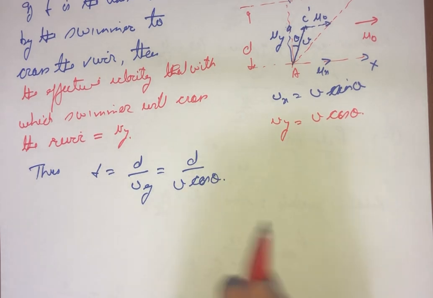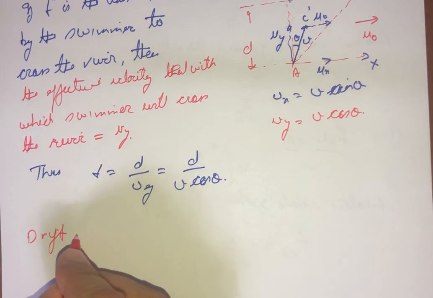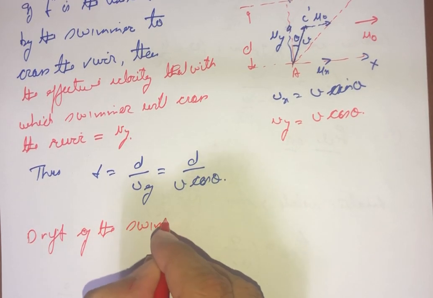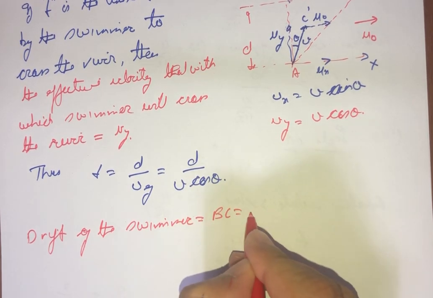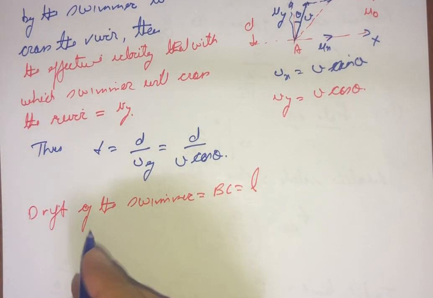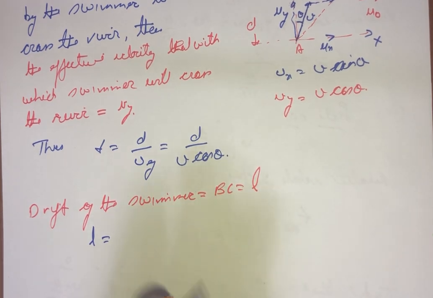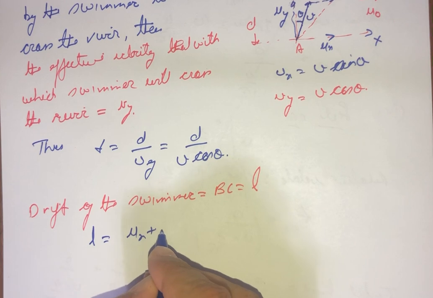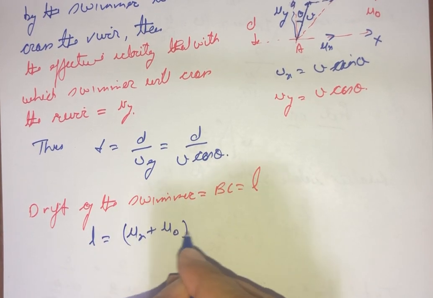Next will be the drift of the swimmer. Drift of the swimmer will be nothing but distance BC, which is given as L. So we can say that L will be equal to Vx plus u naught, into time t.